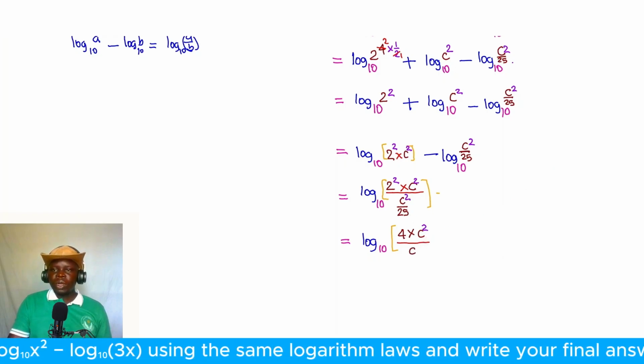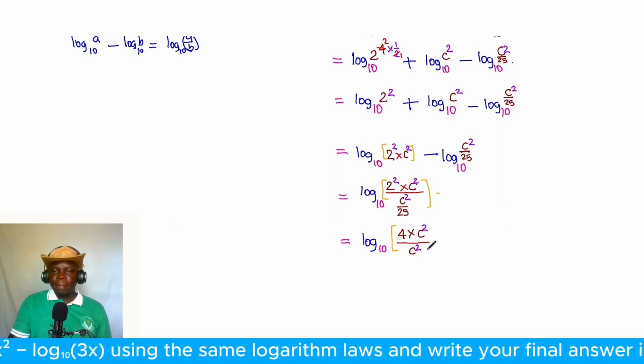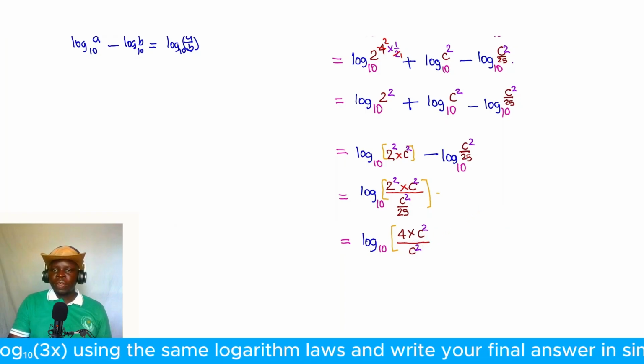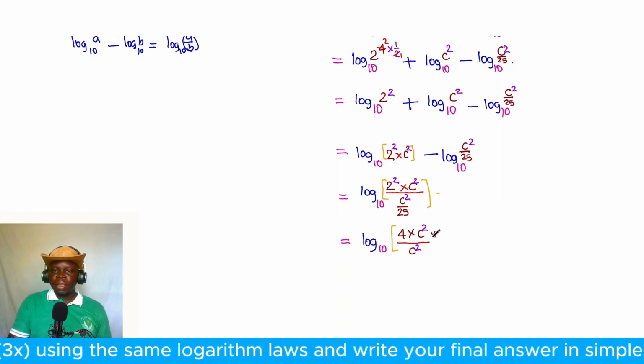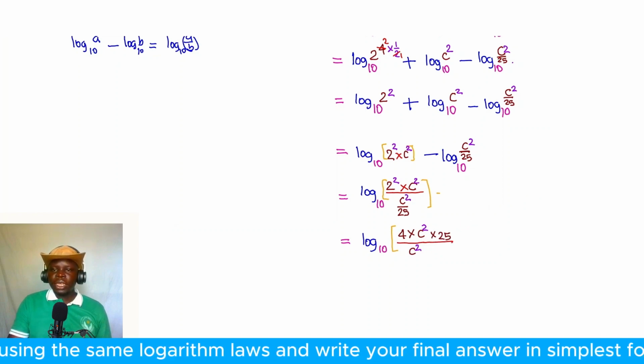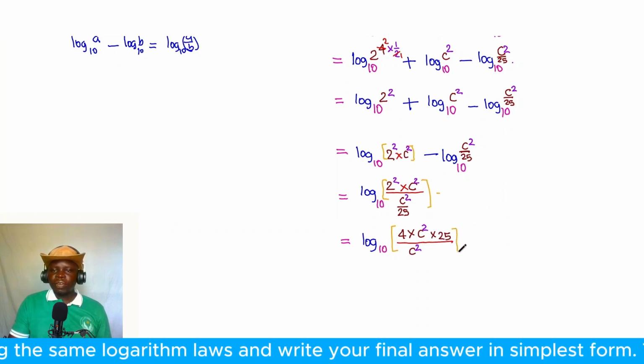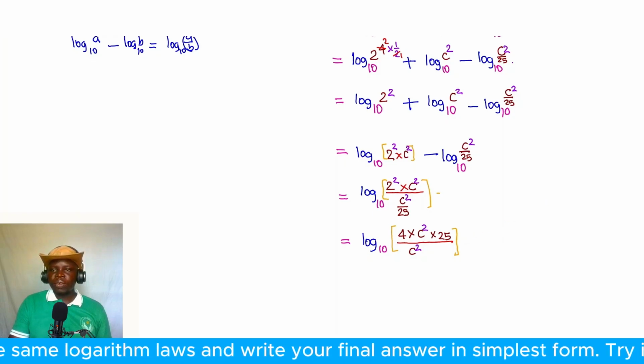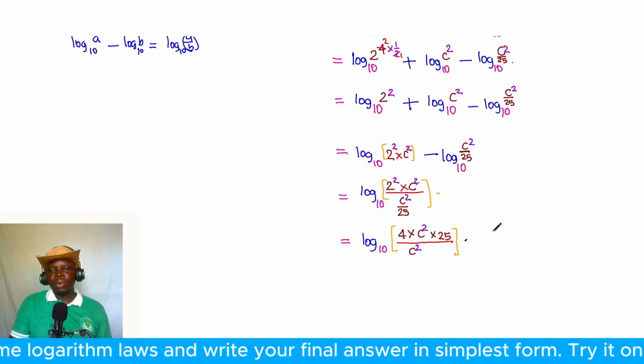But remember, we're going to take the 25 up to multiply this number. We have there times 25. Now after this stage, we'll see what will divide or what will multiply in order for us to find out the simplest form here.